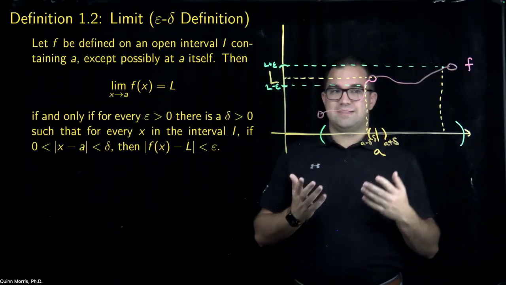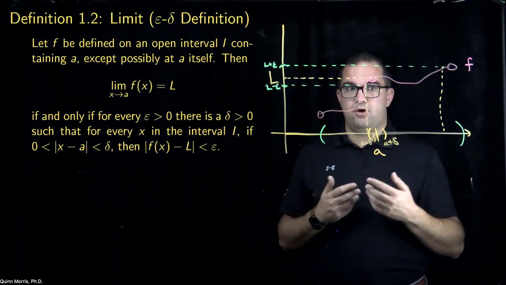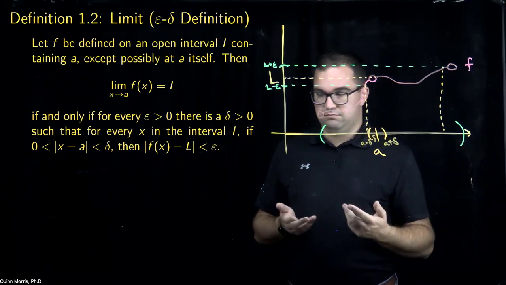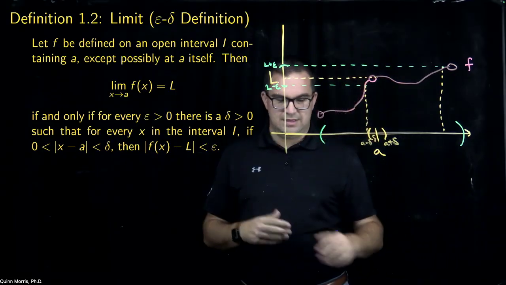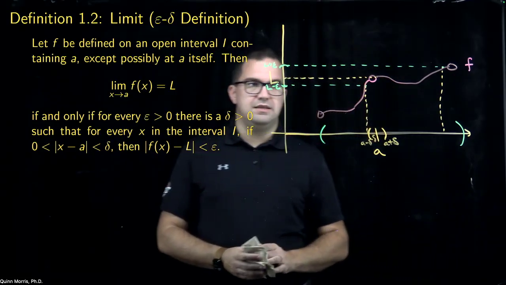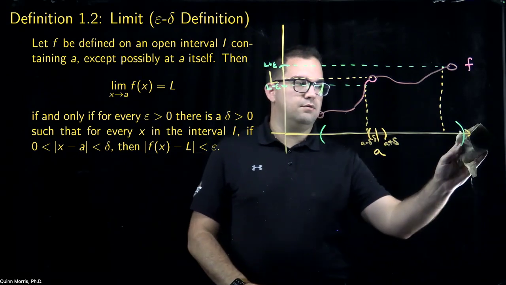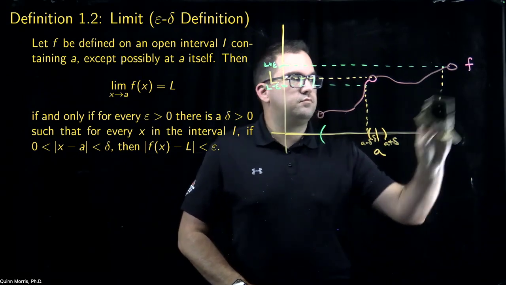Now, we're not going to practice a bunch of delta epsilon proofs right now. We will actually do them once we start our second pass through. But this is conceptually the idea of the delta epsilon definition of a limit.